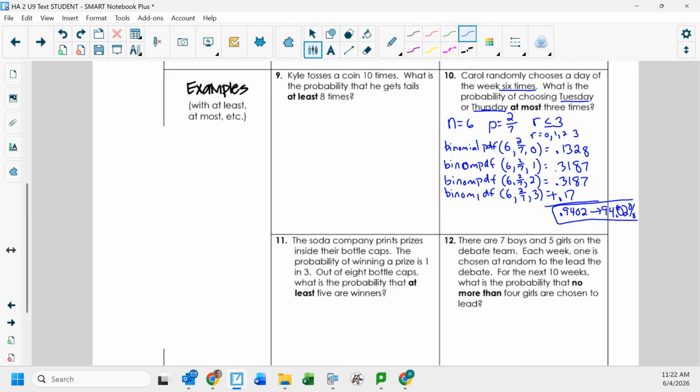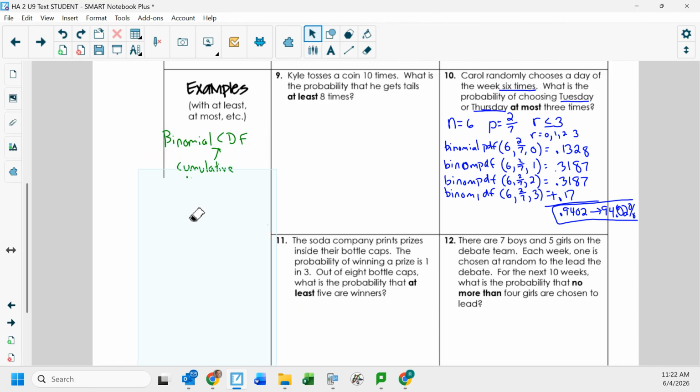Now, as you can tell, this is kind of a lot of work because we had to do multiple PDFs. Luckily, on our calculator, there's something called a binomial CDF as well. So that's what we're going to use here. And we can do this in one step then. A binomial CDF is represented by the words cumulative distribution function.